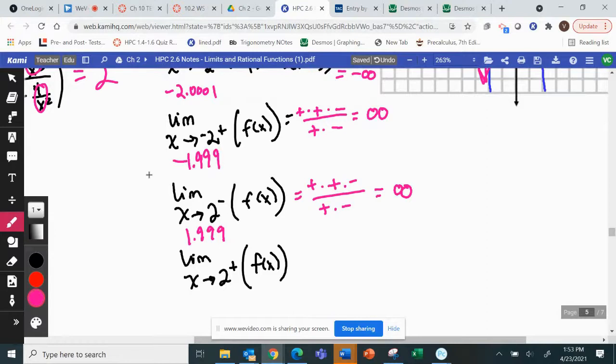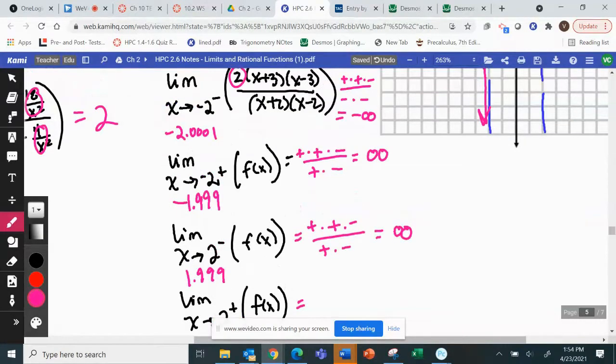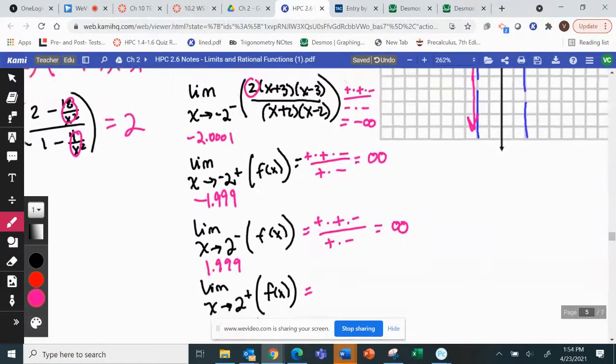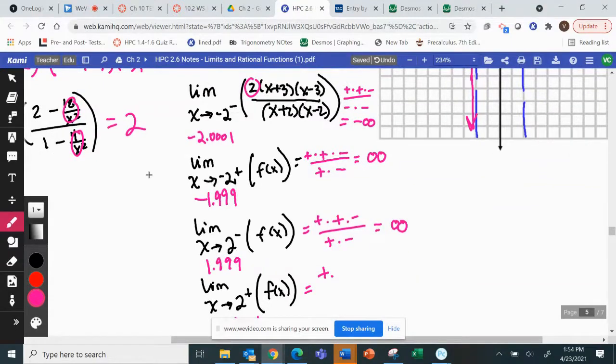And then 2.0001. Zoom out, I can't see it all the way. I will have that 2 multiplied by a positive multiplied by a negative over a positive multiplied by a positive. So that'll be negative infinity.